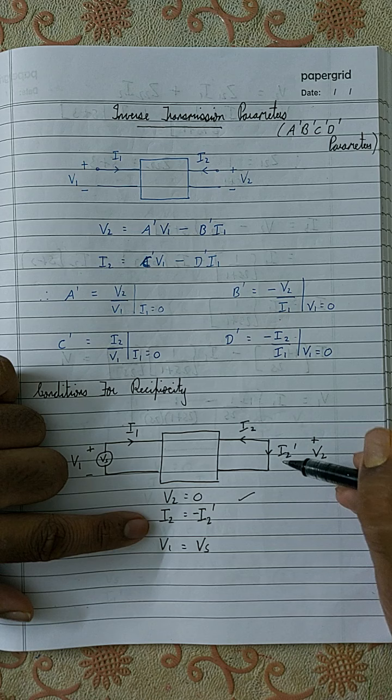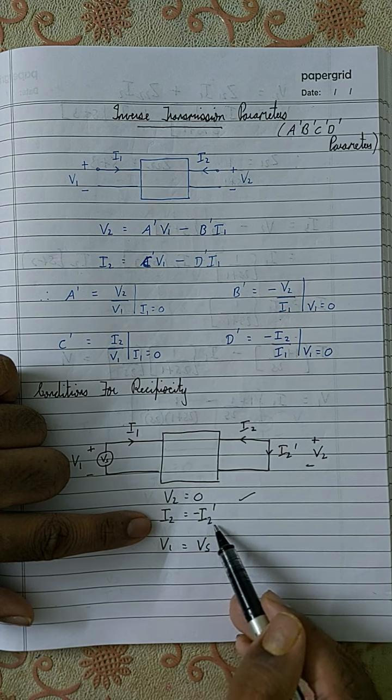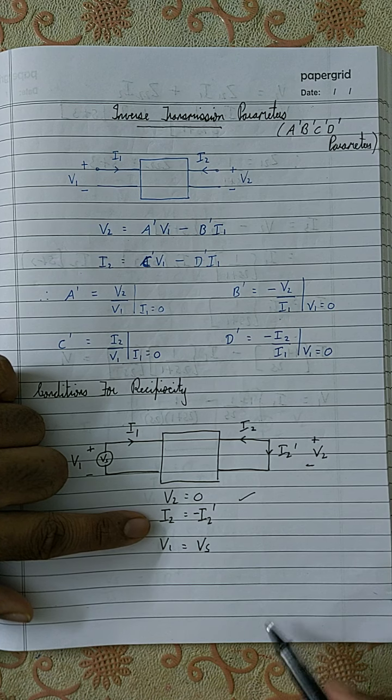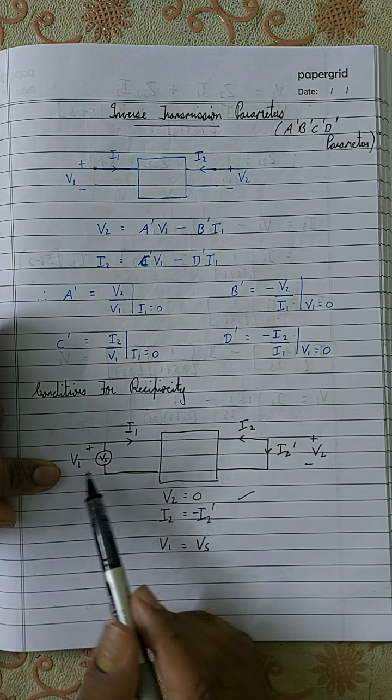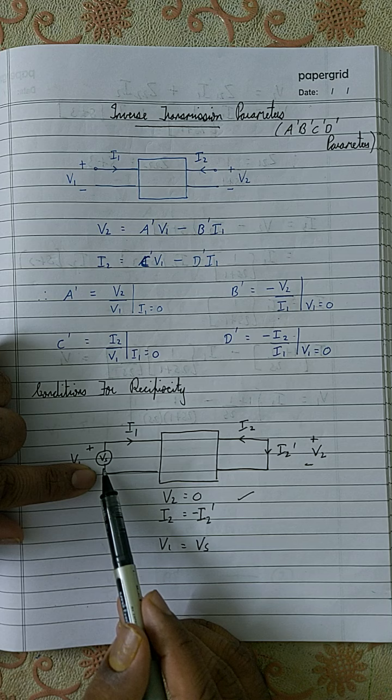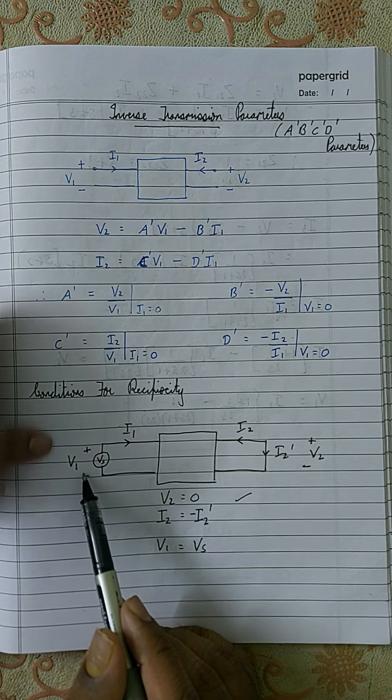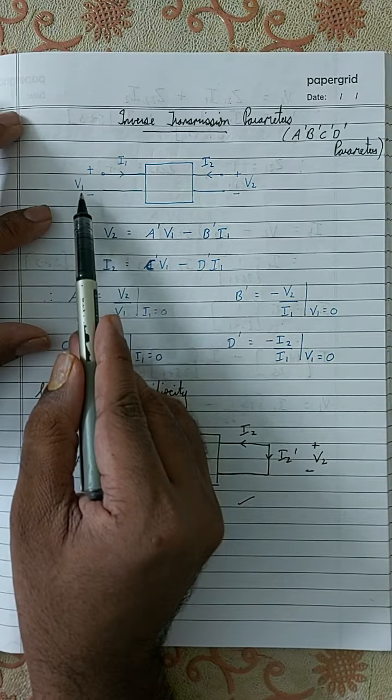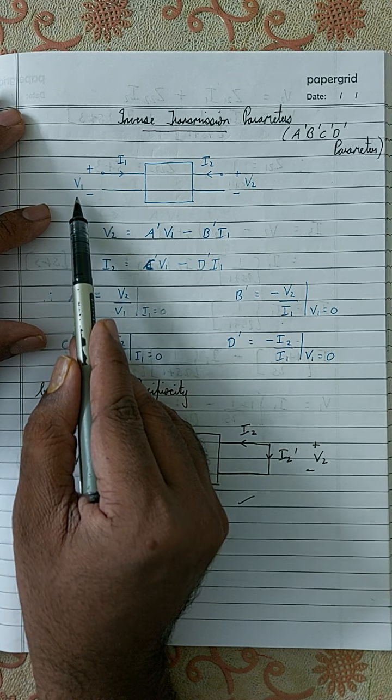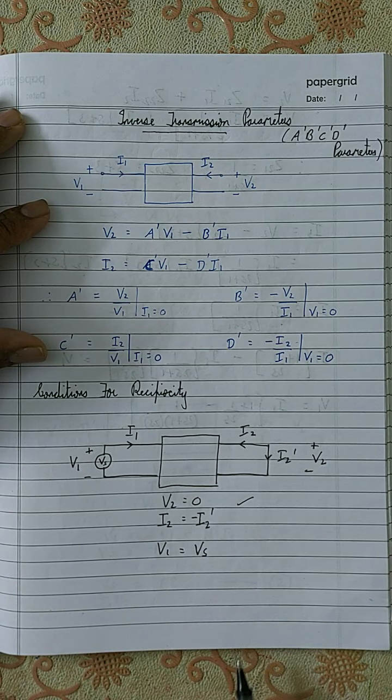Comparing these two arrow directions, I2 is equal to minus I2 dash. And at port 1, we have applied a voltage source Vs, and the voltage across port 1 is V1, so V1 is equal to Vs.